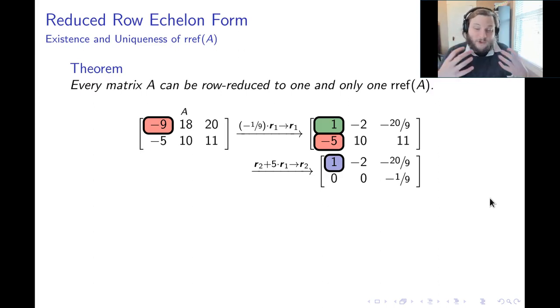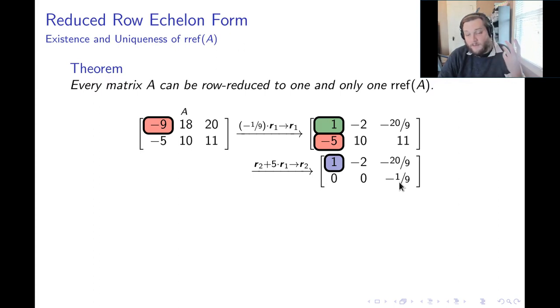We're a lot closer to reduced row echelon form than when we started, but we're still not there. We have our first pivot, and the column is now legit. The only other entry is a 0, so we're done with our first pivot column. Now we ask ourselves, well, where might the next pivot be? And the only possible position would be in this 2, 3 position where we have a -1/9.